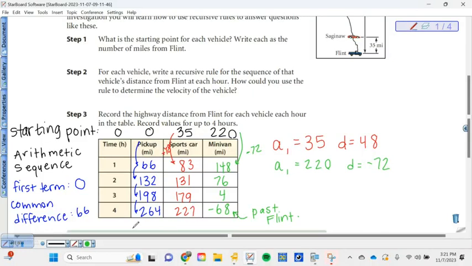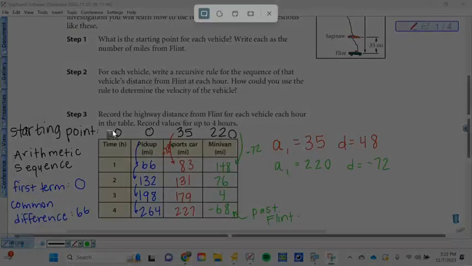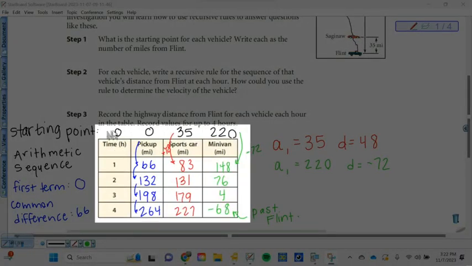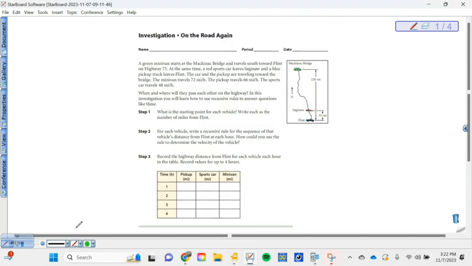So now we're going to take this table, and just like we did yesterday, we're going to convert this table into a graph. So you should have grabbed the Wednesday paper as well. If you didn't grab the Wednesday paper, you should now. And I'm going to pull this up on here. You have some colored pencils at your desk.